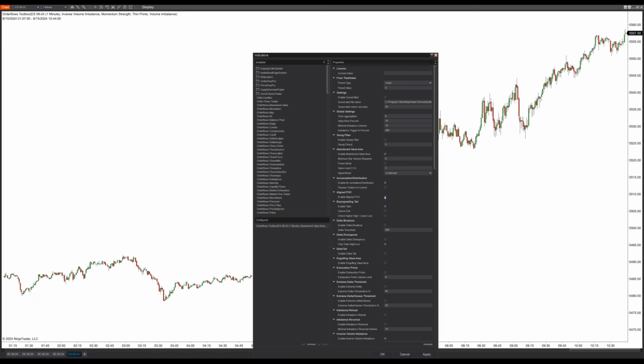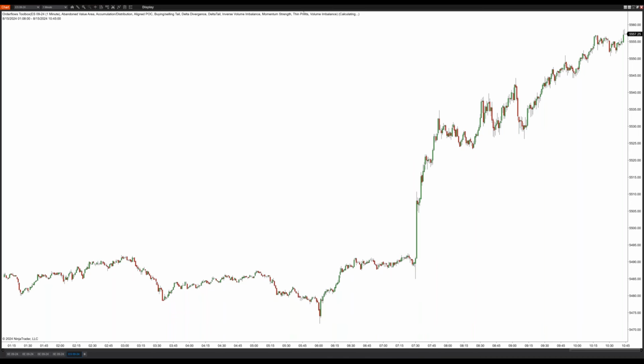Well, you have to understand this is a toolbox, right? You're taking different pieces and adding them together. If I were to add all these things, for sure I'm not going to get anything, because there's just too much going on. Maybe there might be a signal, but I'm looking for volume imbalance with a thin print, with momentum strength, with inverse volume imbalance, with a delta tail, with a buying and selling tail, with a delta divergence, with an aligned point of control, with accumulation distribution, right?